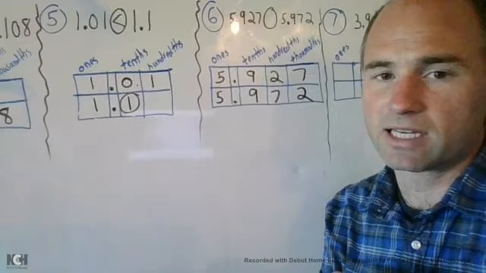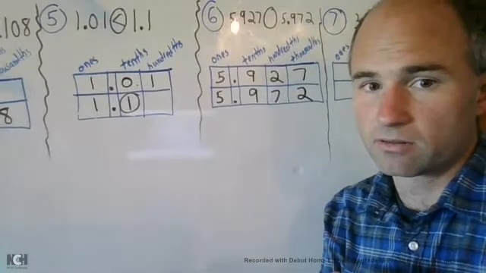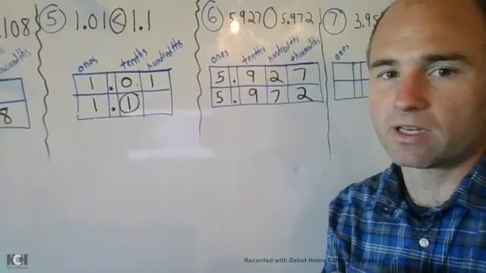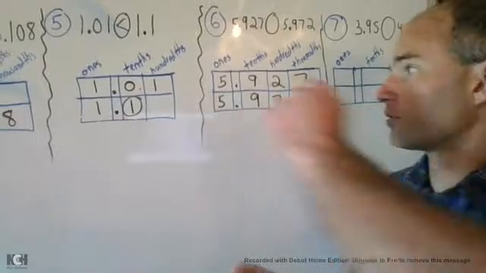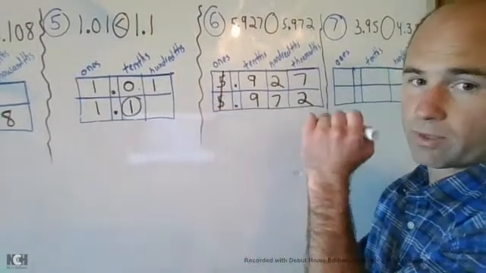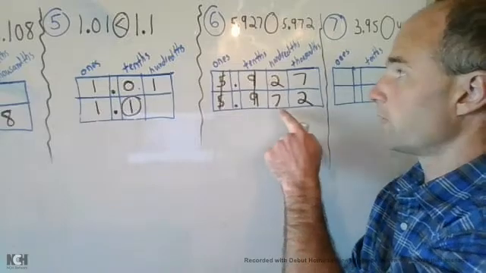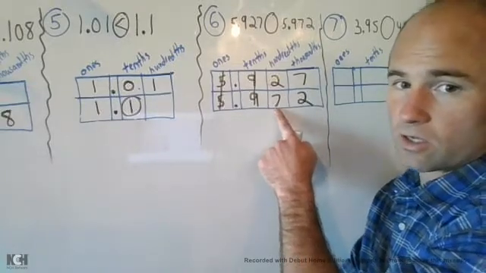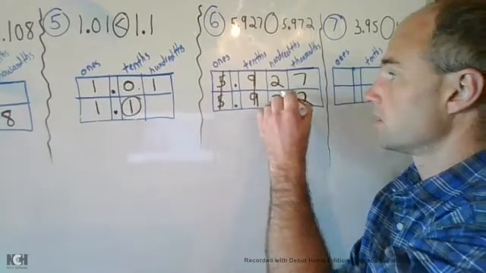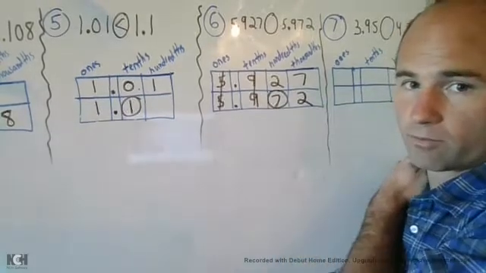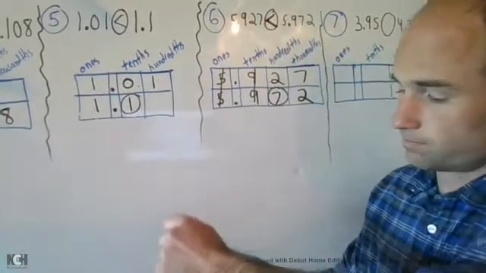We have 5 and 92/100, 7 thousandths, and 5 and 97/100, 2 thousandths. There's a 5 in both the ones place. There's 9s in both the tenths places. But when we get to the hundredths place, we see I have a 2 compared to a 7. 7 being the larger number, which makes our second number greater.